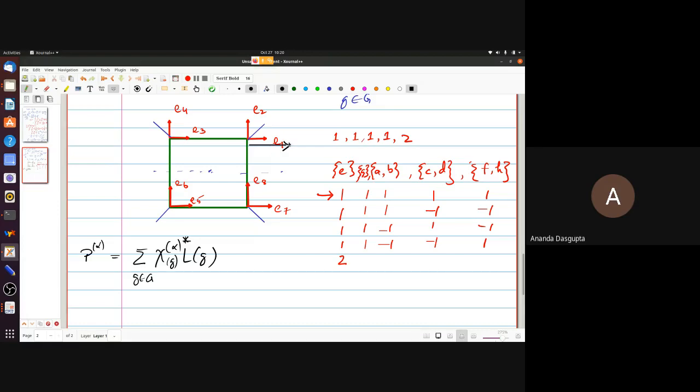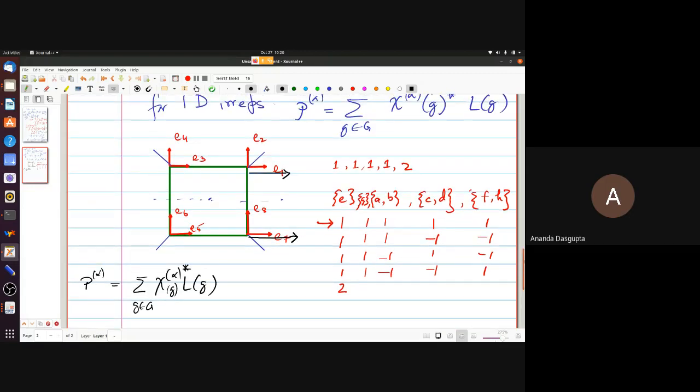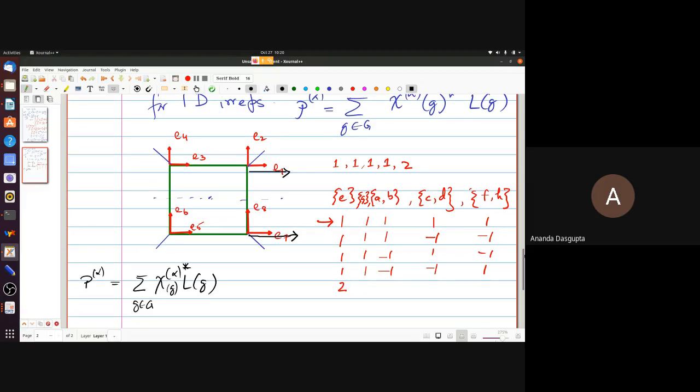What happens to this vector when you do A? A, remember, is this reflection. Then this vector goes here, right? First of all, the point of action of the vector changes from here to here, and it's in the same direction, like this, right? Is that okay? Yes, sir. Then comes the question of doing B. B is this reflection along the vertical.